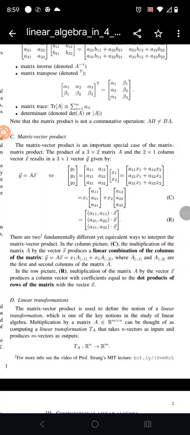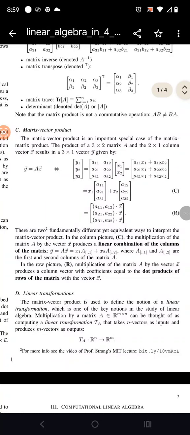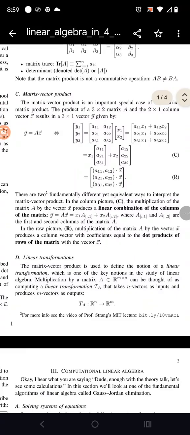Let's move on to linear transformation. The matrix vector product is used to define the notion of a linear transformation, which is one of the key notions in the study of linear algebra. So multiplication by a matrix A, which is a member of R to the power m times n, can be thought of as computing a linear transformation TA that takes n-dimensional vectors as input and produces m-dimensional vectors as output.